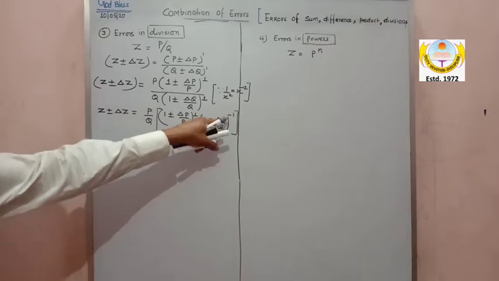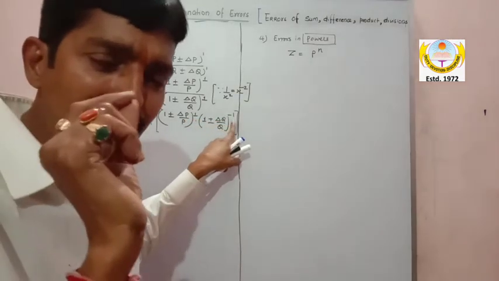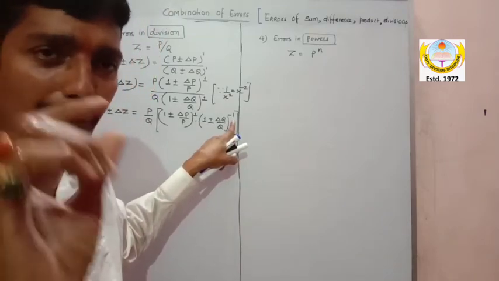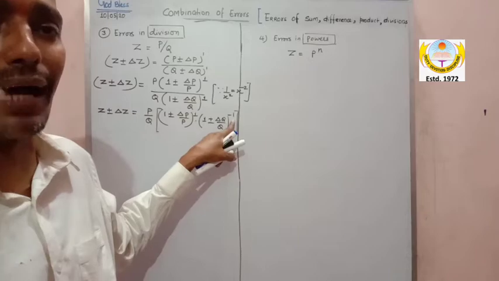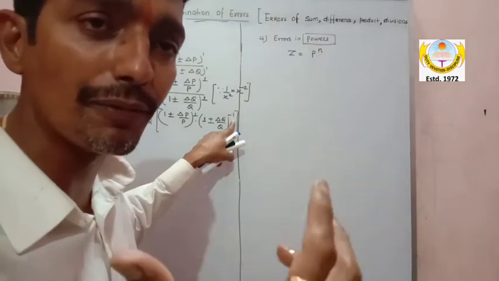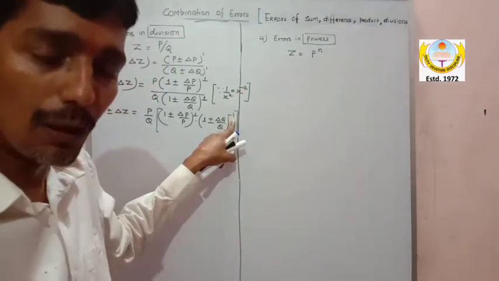This is a small concept you have to take care of. Try to understand. We call that the binomial expression concept.